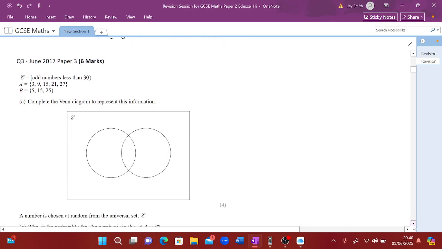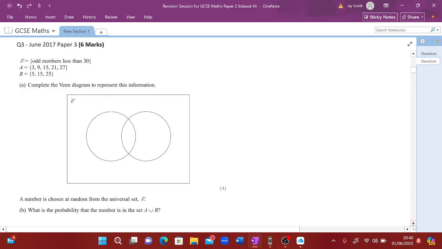On question 3 now, Venn diagram question. So we need to fill all this information into this Venn diagram here. What I like to do with this sort of thing is firstly consider the numbers we've got to work with.